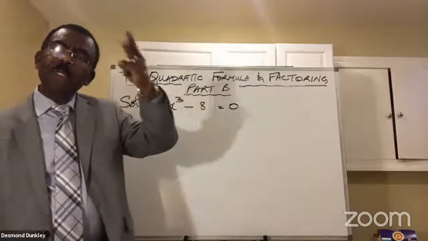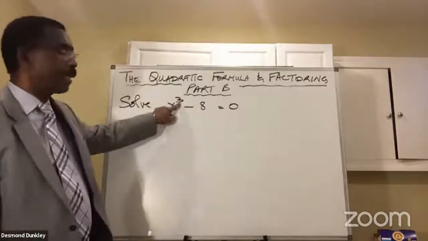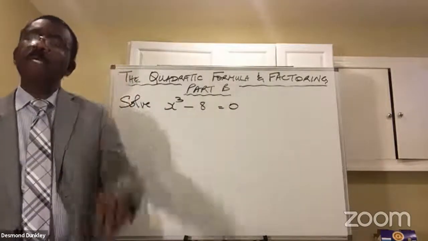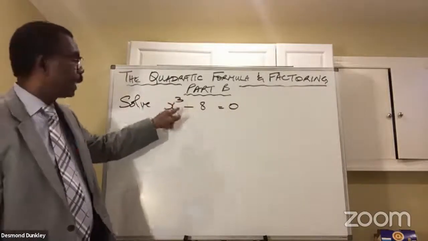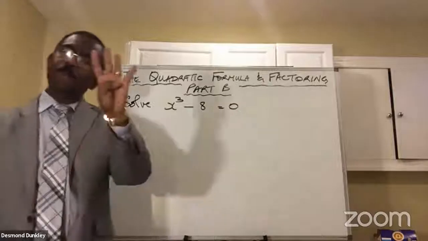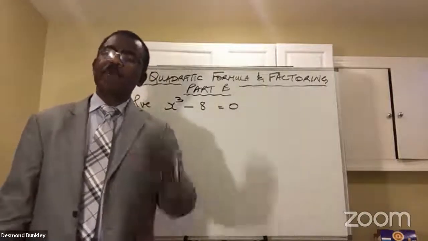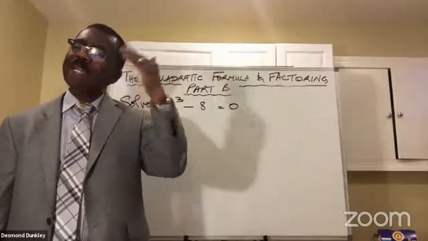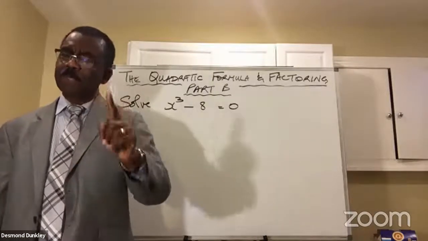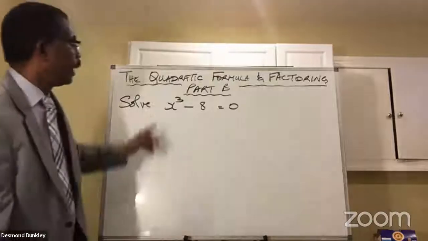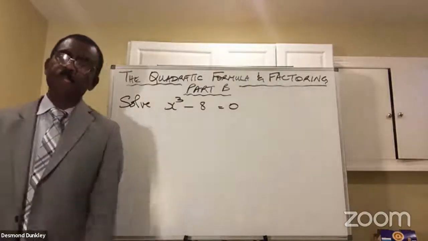It means that it has three solutions. If it was quadratic, that is degree 2, it would have 2 solutions. If it was quartic, meaning degree 4, it would have 4 solutions. So whatever the highest exponent is, that's the number of solutions. Okay? So we need to get 3 solutions.